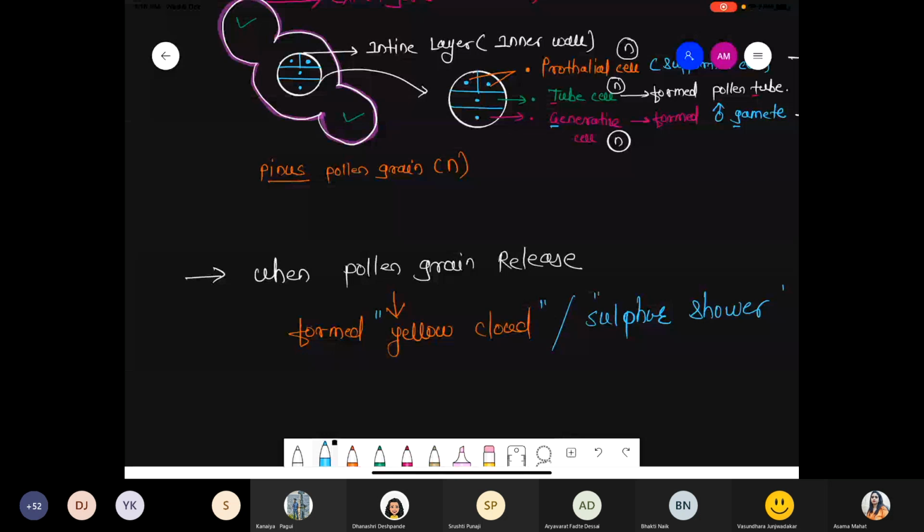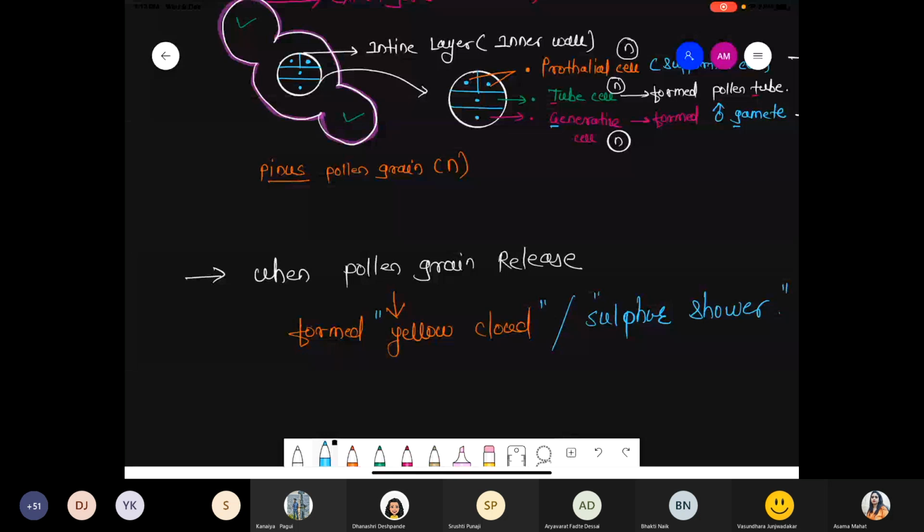Now if you see the upper view, it looks as if yellow color clouds have accumulated, because pollen grain production is very high. Gymnospermic plants are large, a higher plant, right? Means it is a vascular plant having good height. So when we see the long view, at that time we can understand one thing: it looks like a yellow color cloud, and this yellow color cloud is called the sulfur shower.